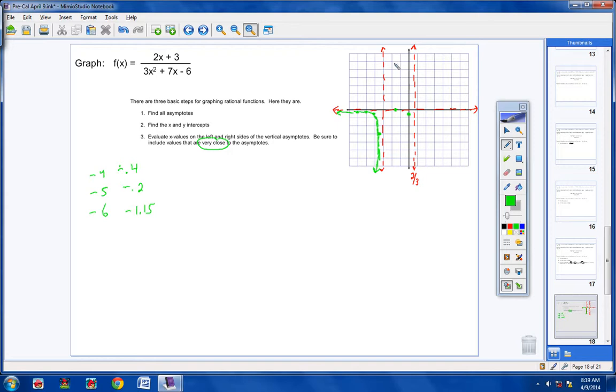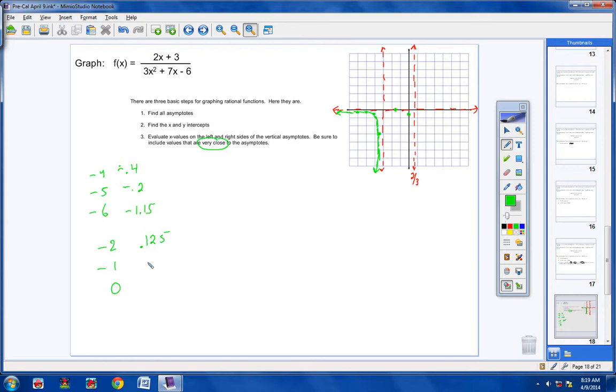Now we're going to find the values in between the two asymptotes here. So I need to put in values, let's see, negative 2, negative 1, and 0. Let's see what we get out, okay? Negative 2 is going to be 0.125.